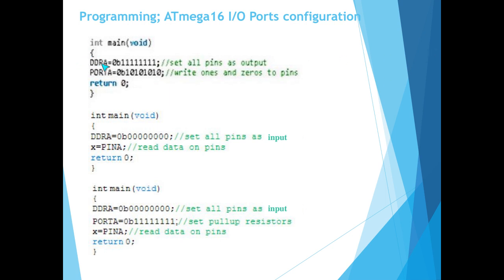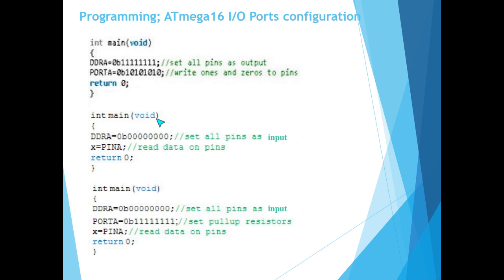If the DDRA register is configured as input, then for the values of the PORTA register, 1 means that the pull-up resistor is activated, and 0 means that this pin's or bit's pull-up resistor is deactivated.